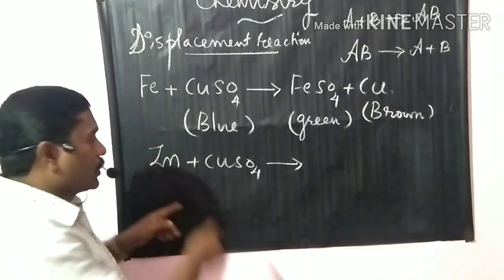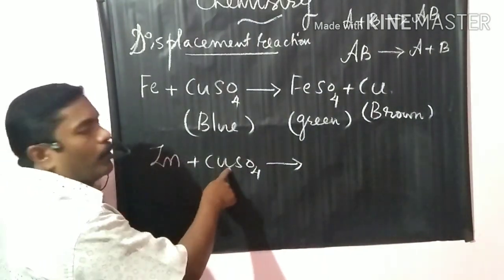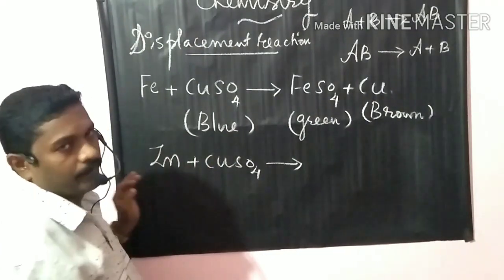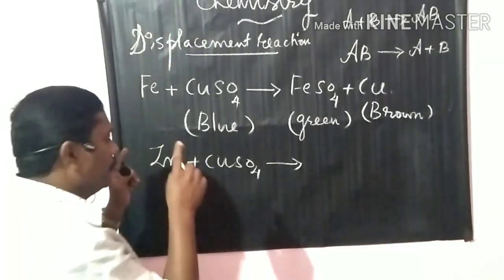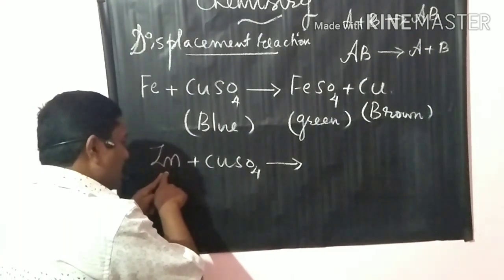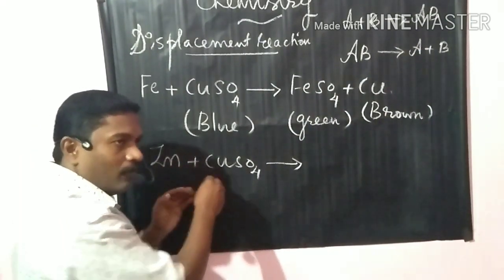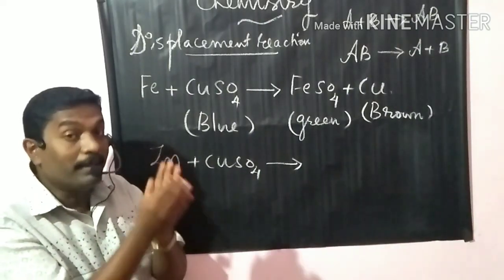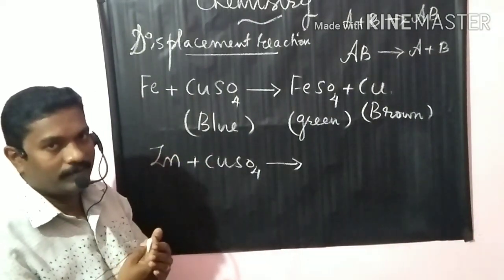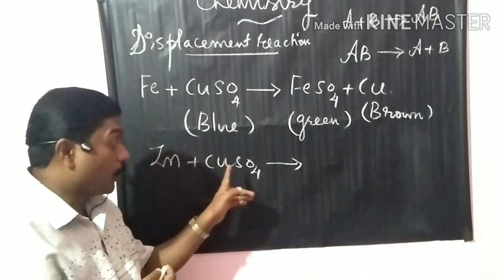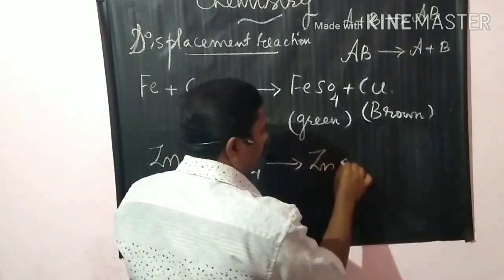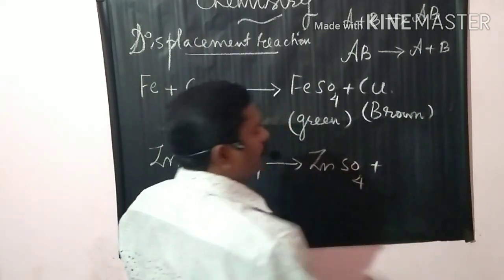Here also zinc is more reactive than copper. So what will happen? As we know, zinc is more reactive than copper, which means while zinc is in copper sulfate solution, it may displace copper from its solution and becomes zinc sulfate solution.